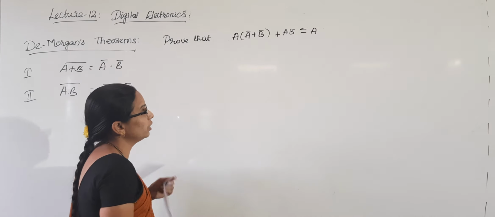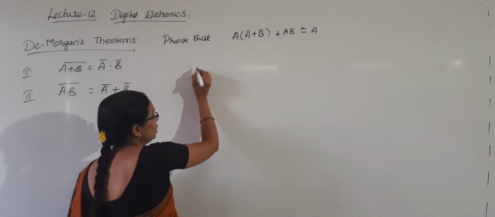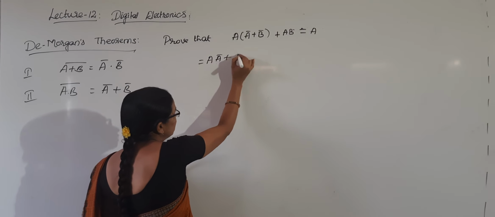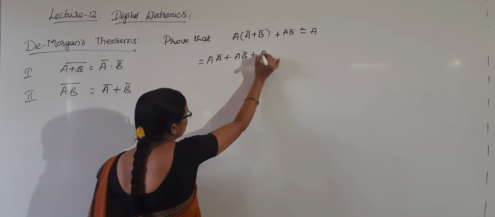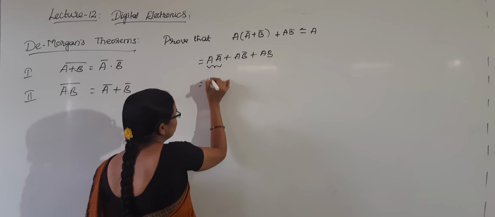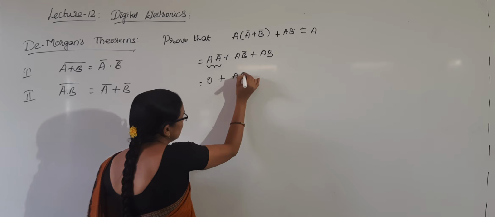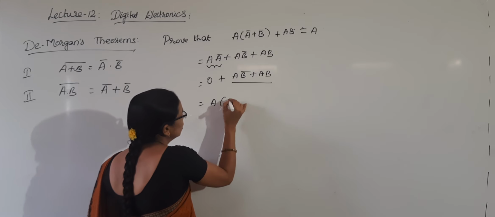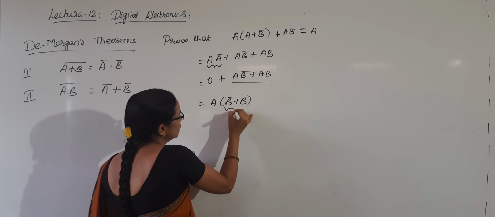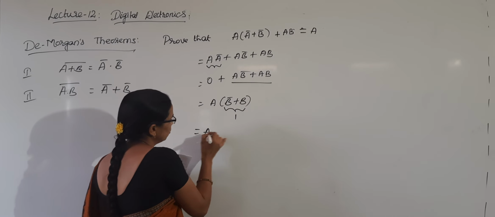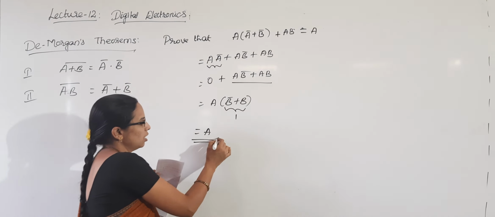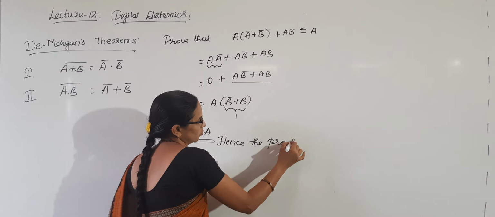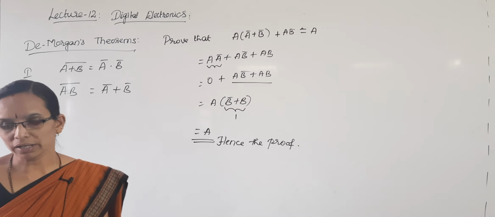There is no need of De Morgan's theorem here. I'll expand this: A into A bar will be 0, plus B bar, plus AB. In this I will take A common, B bar plus B. This will be 1, so it will be A. Hence the RHS, hence the proof.